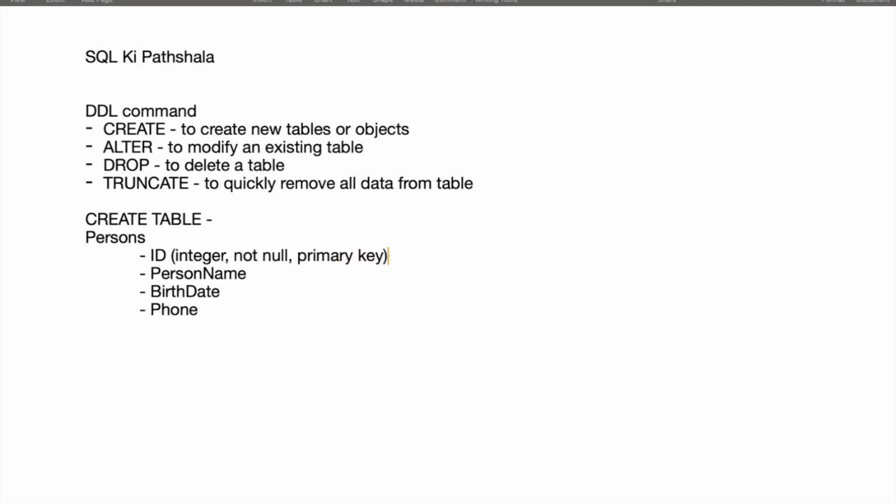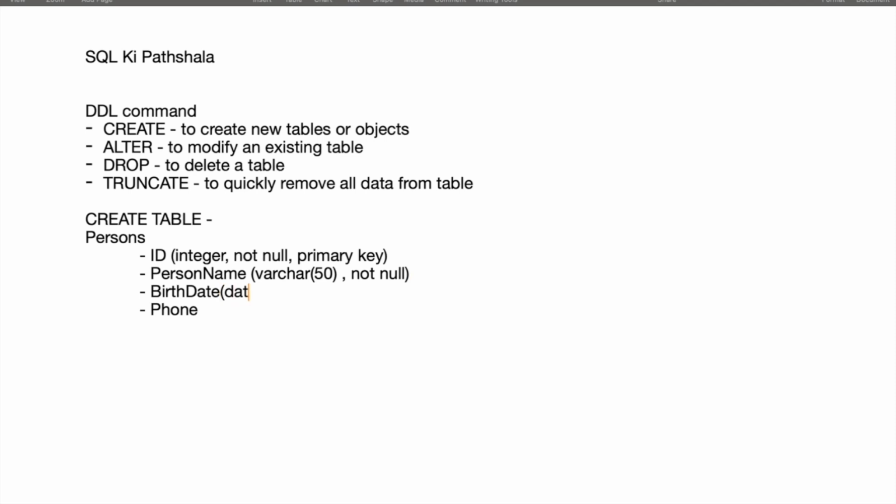I will tell you what a primary key is in later videos. It is just for unique identification, and it should not be duplicate. Another is person name. There should be some data type. Let's say the data type is varchar with a limit of 50, and it should be not null, because the name should not be null.